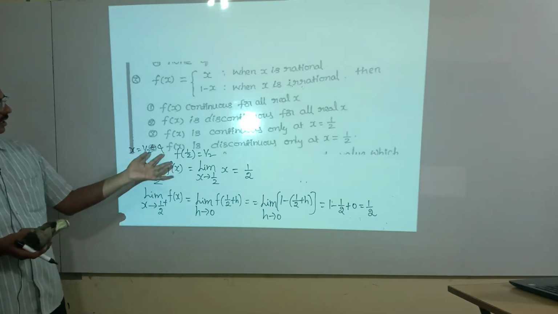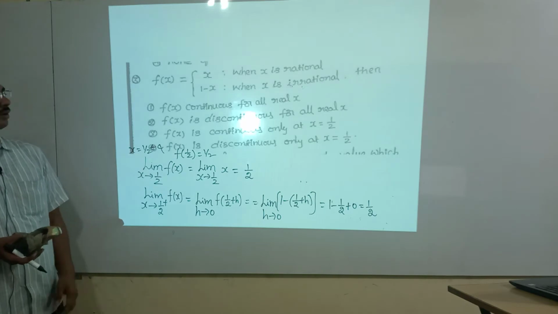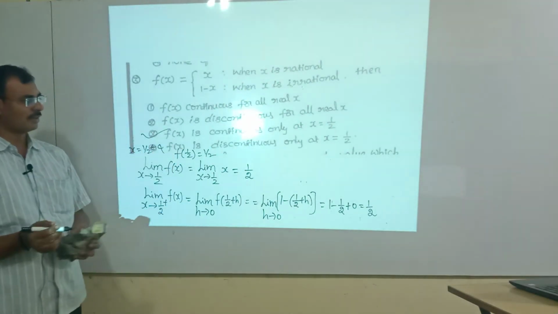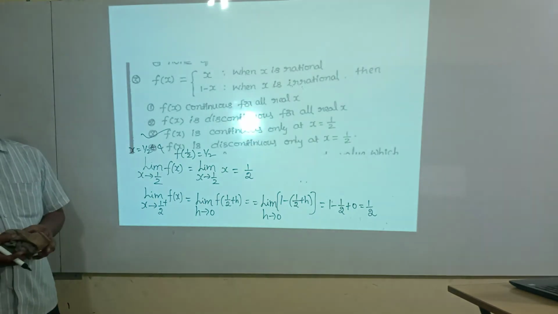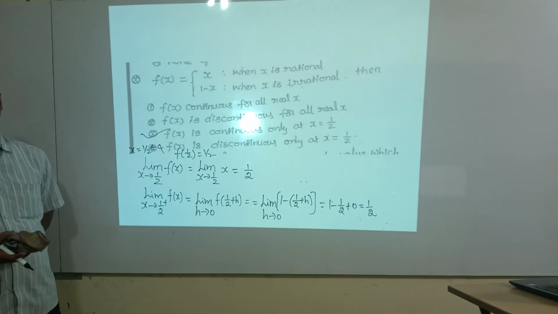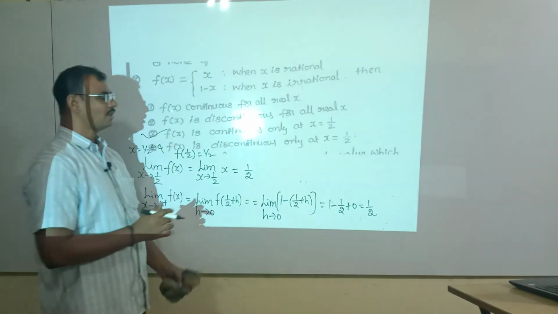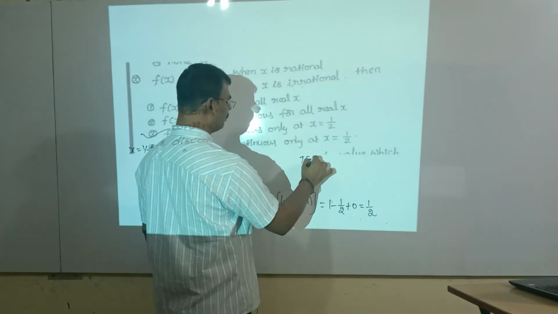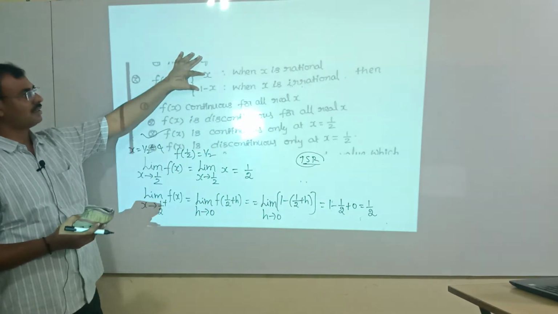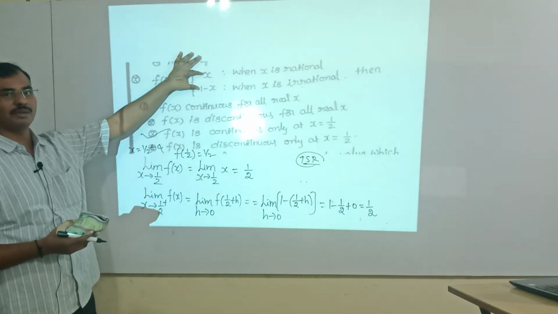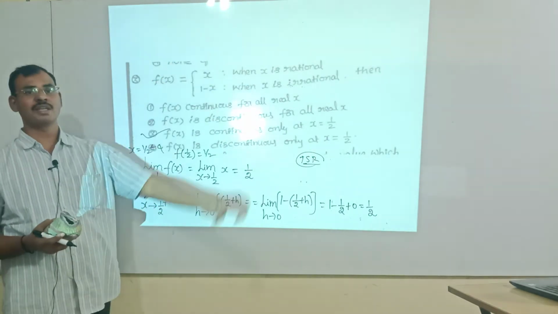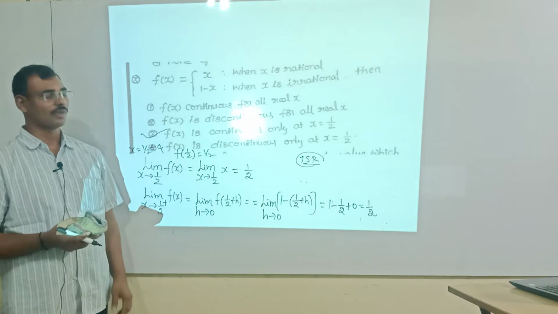Limit exists and that is equal to f of a. What do you call this one? It is continuous at x is equal to 1 by 2. Okay, it is continuous at x equal to 1 by 2. If you want a shortcut, time saving method, whenever two functions are given with rational number and irrational number, solving these two we get where it is a continuous function.